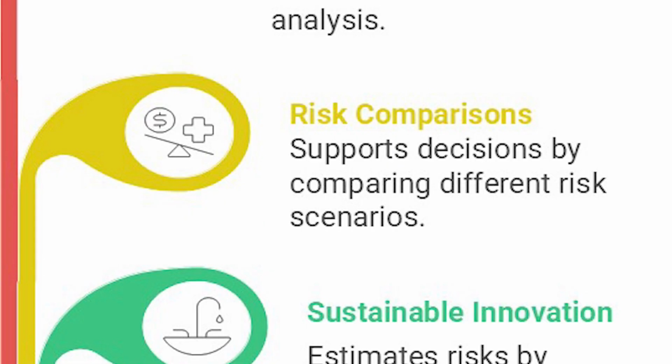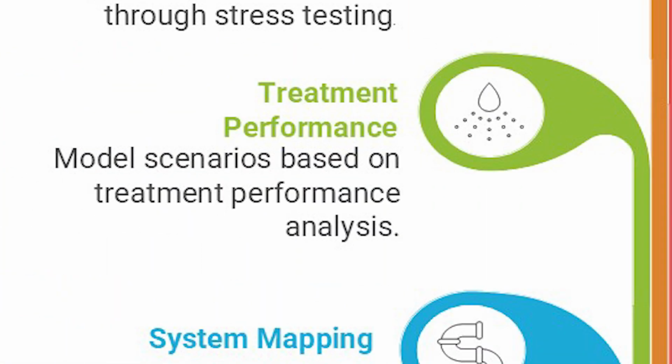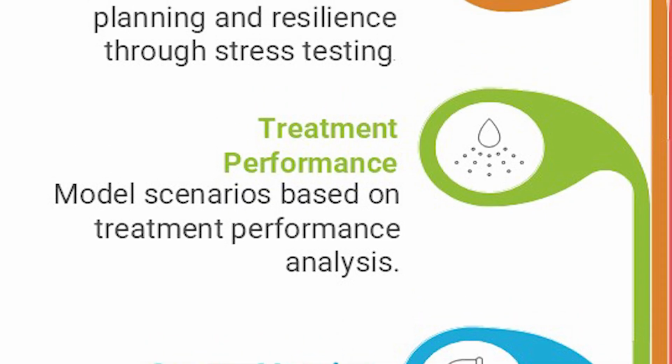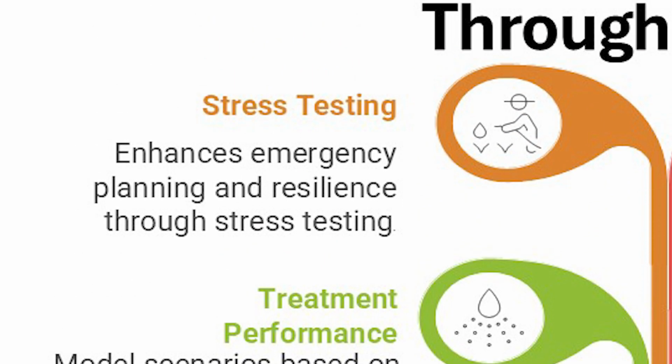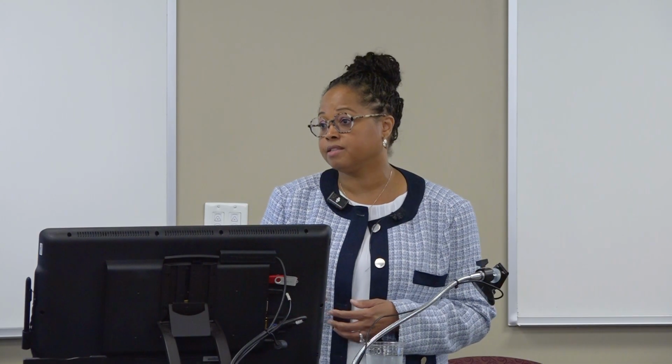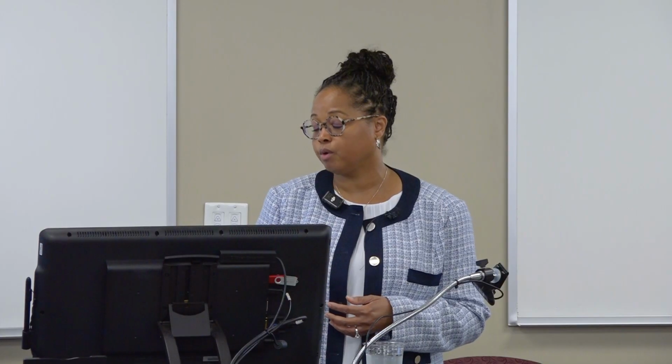Some decisions are related to treatment, so we can evaluate treatment performance based on how they reduce risk within the system. We can also prepare for emergencies. QMRA is used for water safety planning and is one of the approaches that WHO, the World Health Organization, emphasizes for water safety planning in other places besides the US.